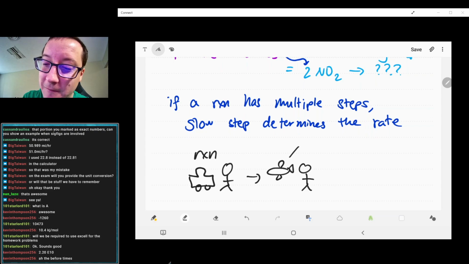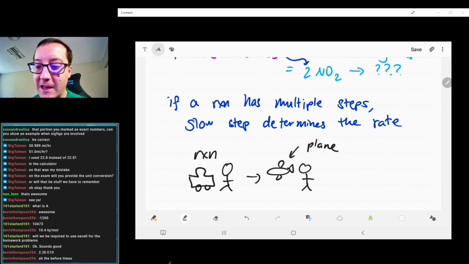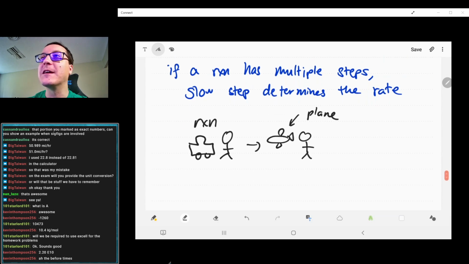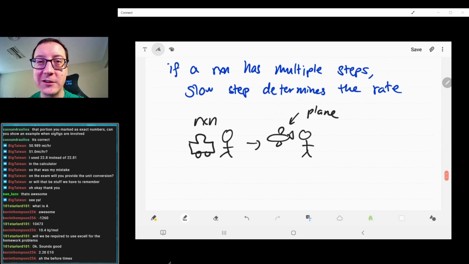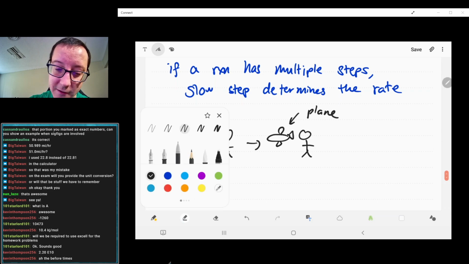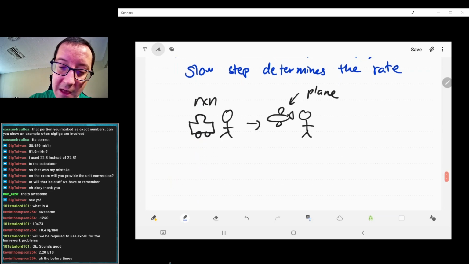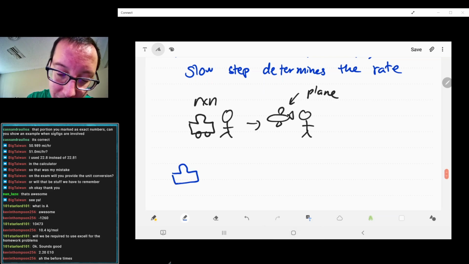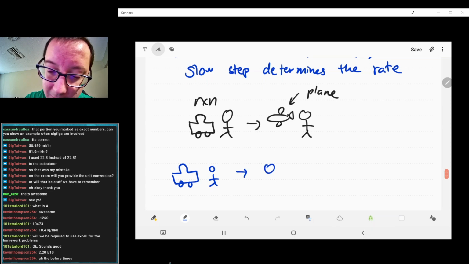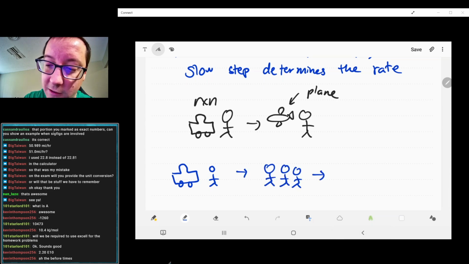That's a plane. I don't know how to draw a plane. Anyways, here's our overall reaction. But it turns out that there are actual steps associated with this, where we have person in car going to person waiting in line, which then goes to person on plane.